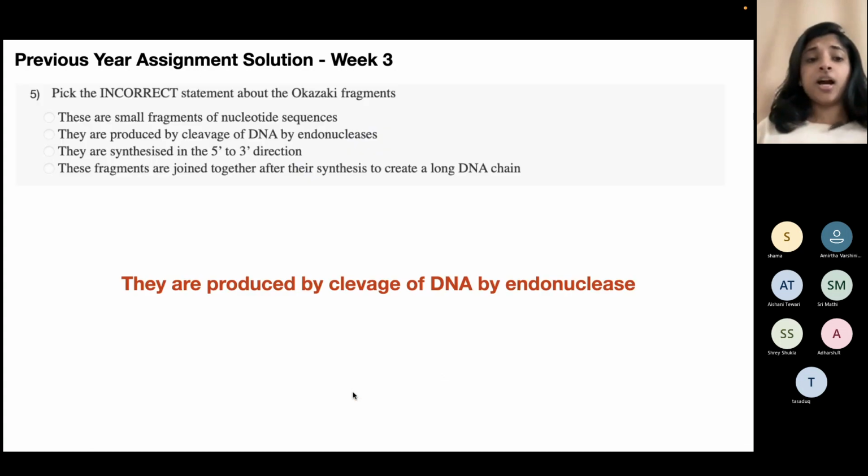So the correct option is that they are small fragments of nucleotide sequences. Yes, they are produced by the cleavage of DNA by endonucleases. This is wrong because they are synthesized in that way. It is not because of any cleavage. They are indeed synthesized in the 5' to 3' direction, and they are later joined together to create the final DNA chain.